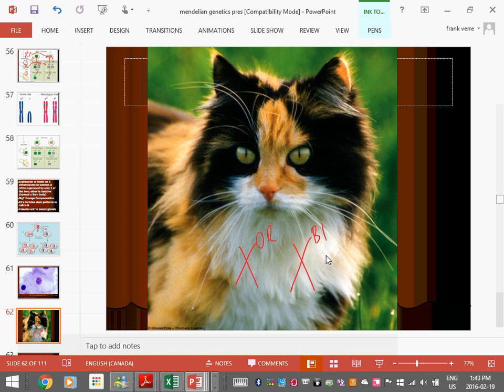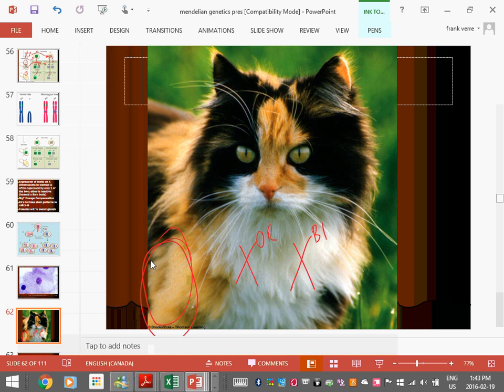So over here, we can imagine that in the cells in this area, the black was switched off and the orange was left on, because one of the X's gets turned off. In the area where we see black, it would be the opposite. The X orange copy was switched off and the X black was left on. So my question to you is, can you get this pattern with males?